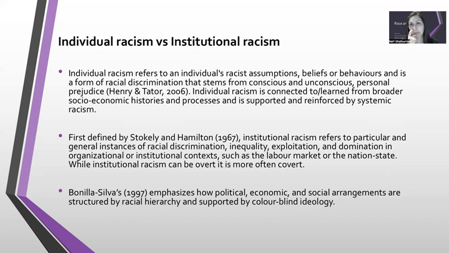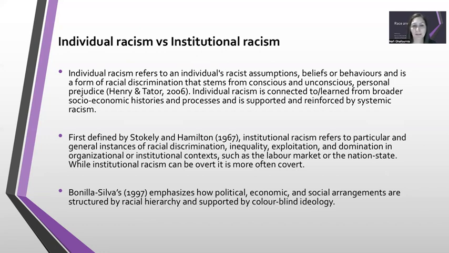Structural or institutional racism, first defined by Stokely Carmichael and Hamilton, refers to particular and general instances of racial discrimination, inequality, exploitation, and domination in organizational or institutional contexts, such as the labor market or the nation state.